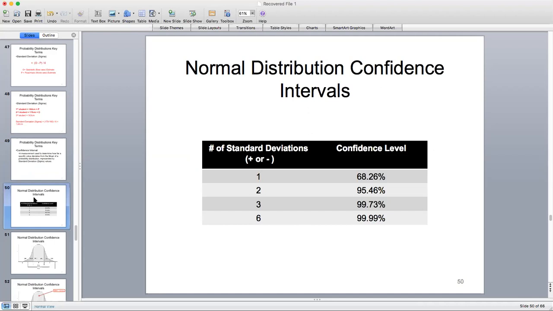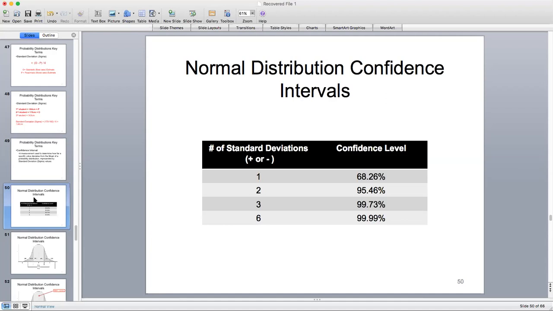If we went even further away from the average, in terms of 2 standard deviations, we can see that 95.46% of all values within that range fall within 2 standard deviations. So we are covering most of the values within a distribution. If we do 3 standard deviations plus or minus from the mean, it's 99.73%.